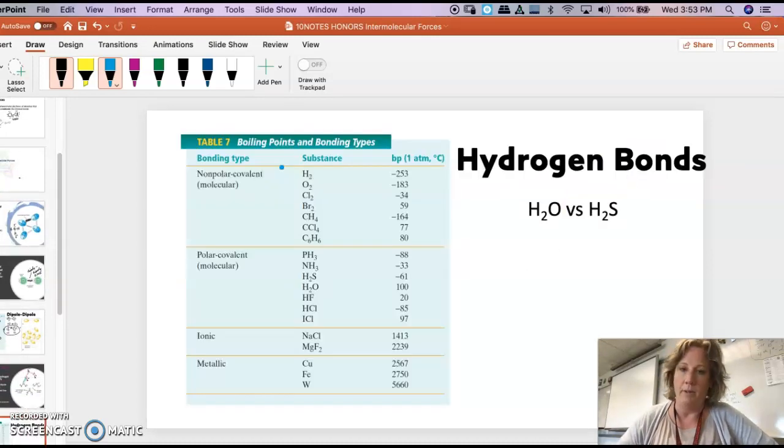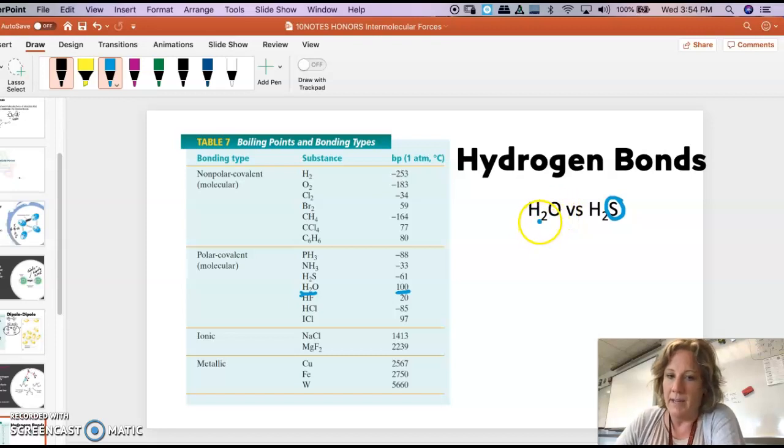So for example, if you look at water, the boiling point of water we know is 100, versus H2S, hydrogen sulfide, it's almost the same molecule, except this sulfur is not as electronegative as oxygen, so it doesn't have that extreme dipole.